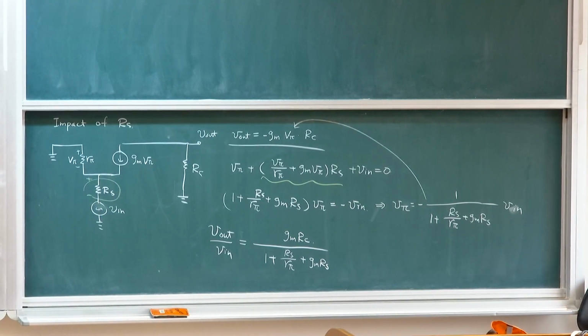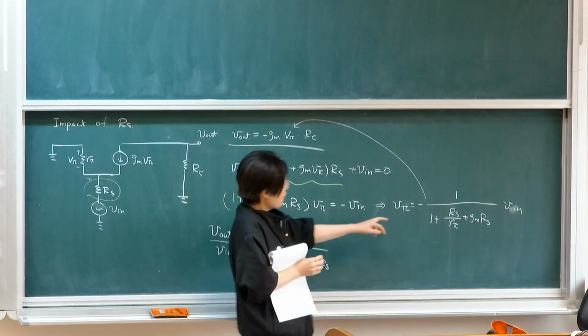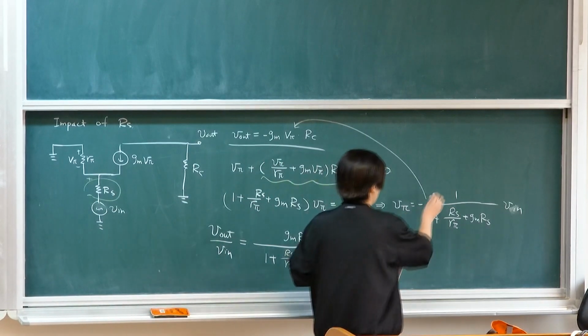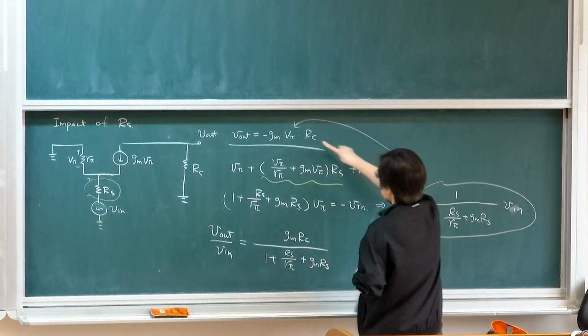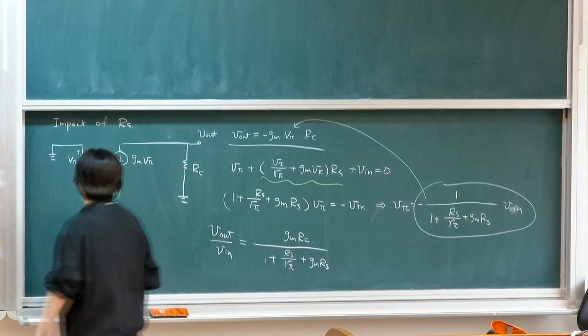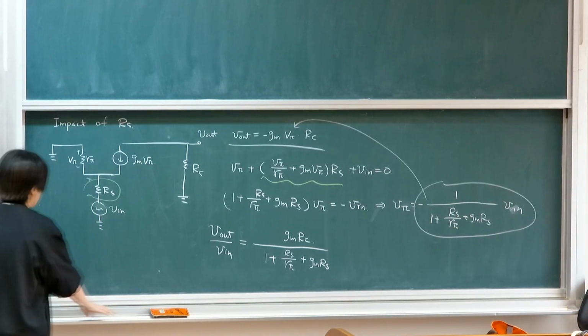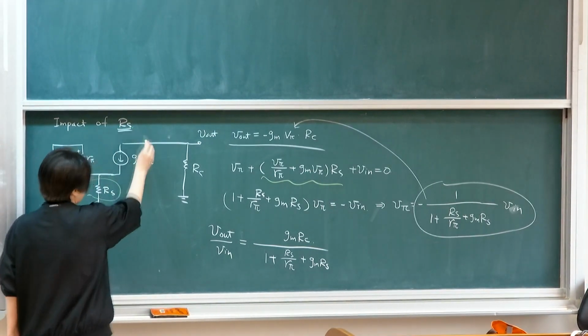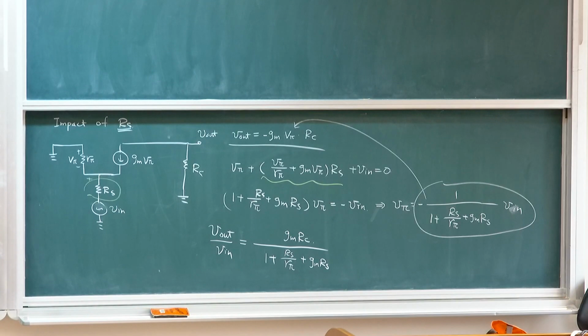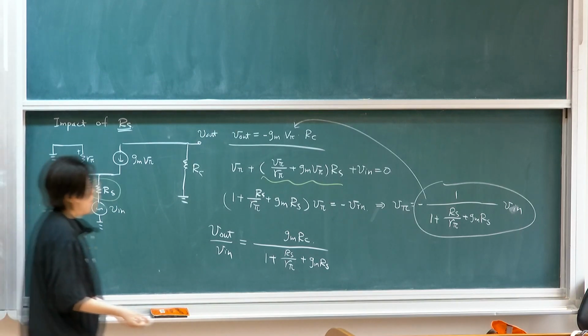Did I get it right? I hope I'm getting it right. You simply insert the whole term back into this equation, then we should be able to get that as our refined gain. So considering RS, this will attenuate the gain by a factor of almost 1 over gm RS.